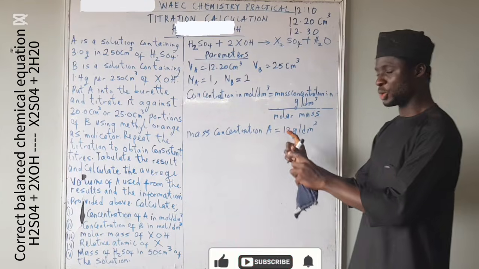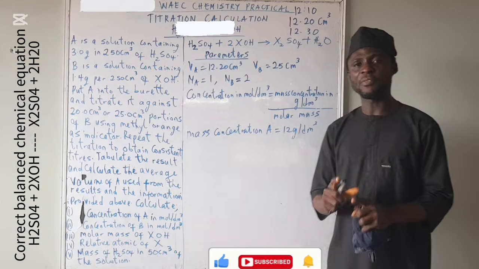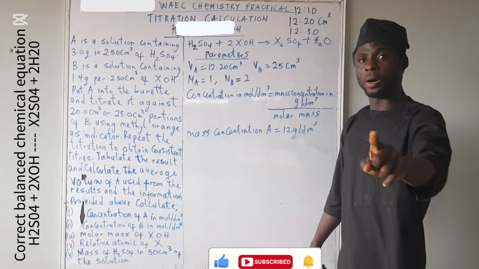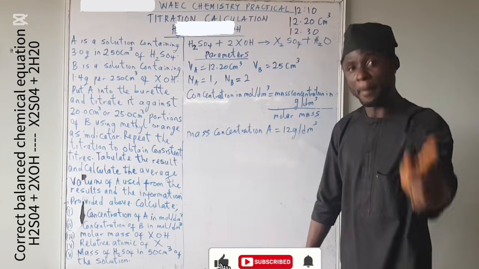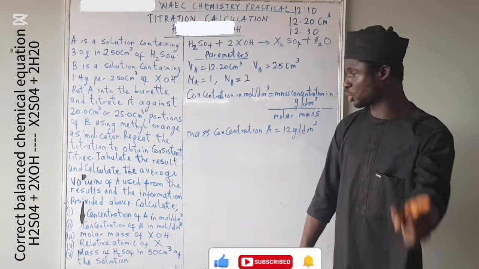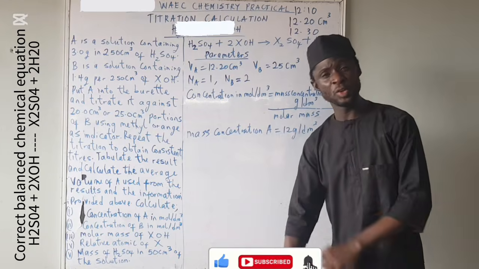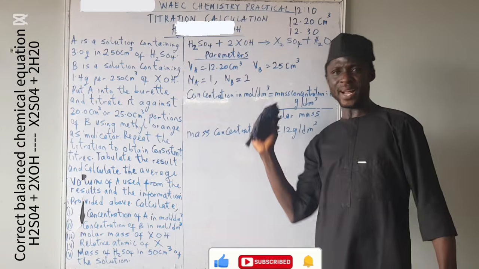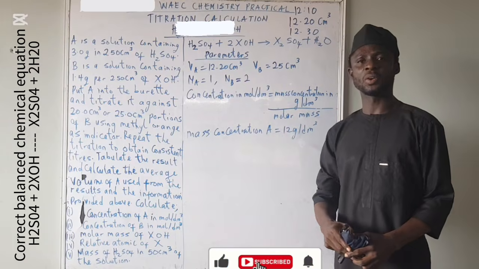So that's what you have to master. Anytime you have your mass concentration and you want to find your molar concentration, use this formula. Or if they give you the molar concentration of acid or base, and you have to find the mass concentration, you can use this formula.